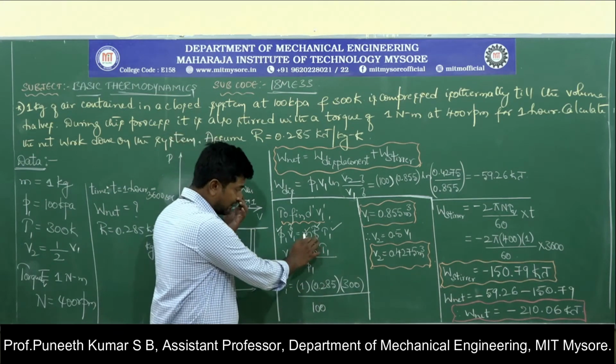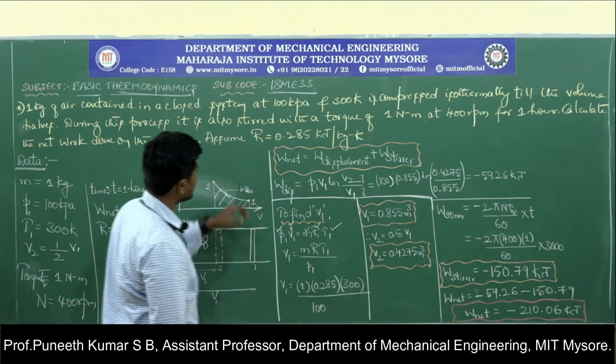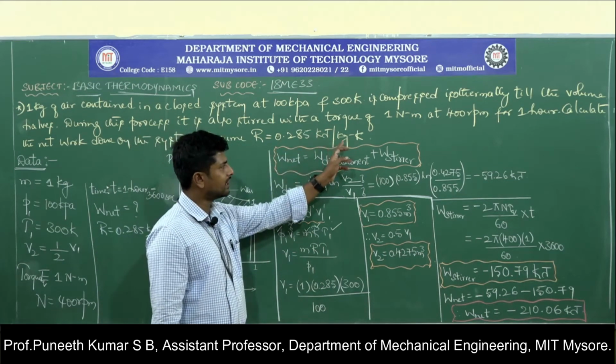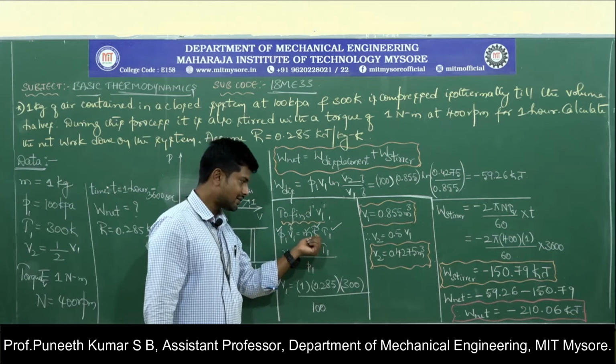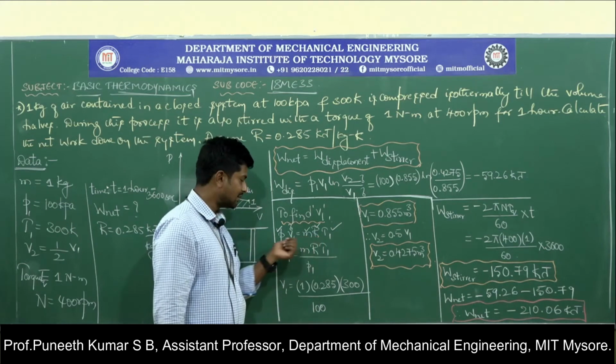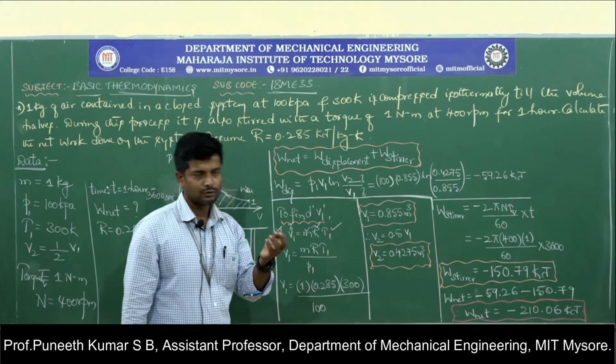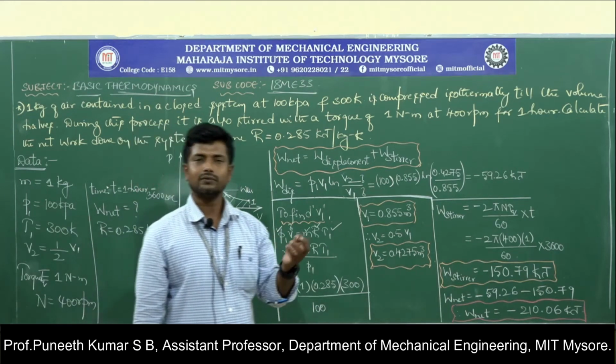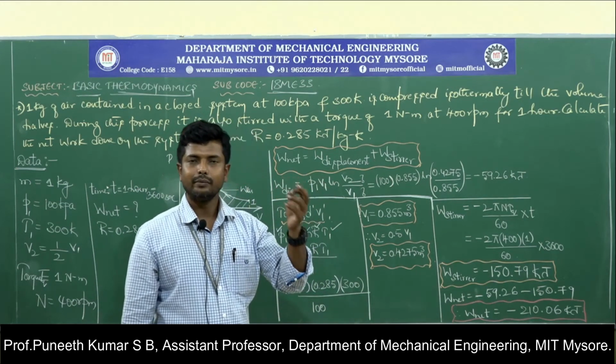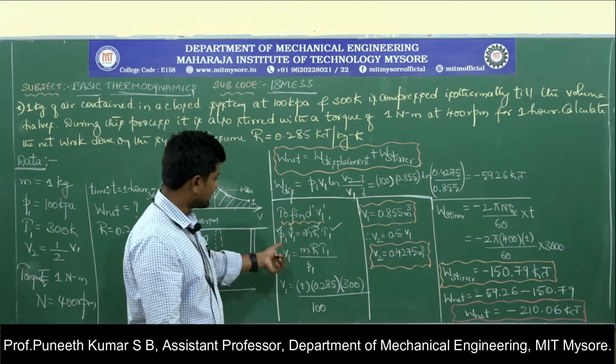The R value is given in terms of kilojoule per kg Kelvin, so the pressure should also be substituted in kilopascal to maintain unit consistency.